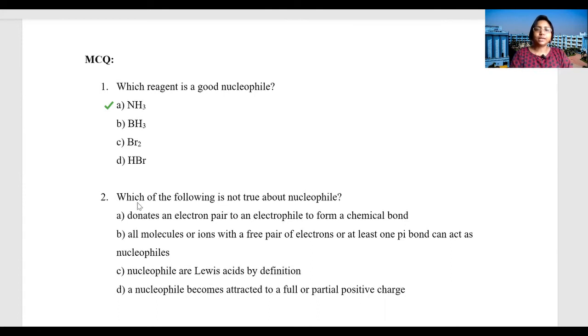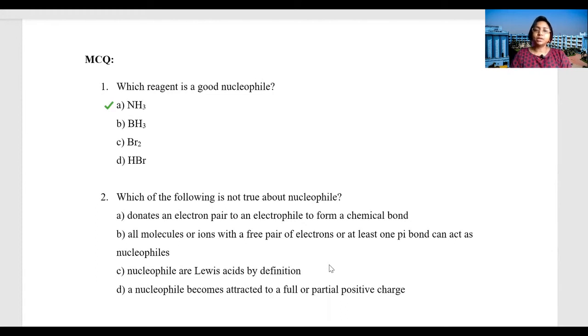Okay, next question. Which of the following is not true about nucleophiles? First option: donate an electron pair to an electrophile to form a chemical bond. That is correct. All molecules or ions with a free pair of electrons or at least one pi bond can act as nucleophiles. That is also correct.